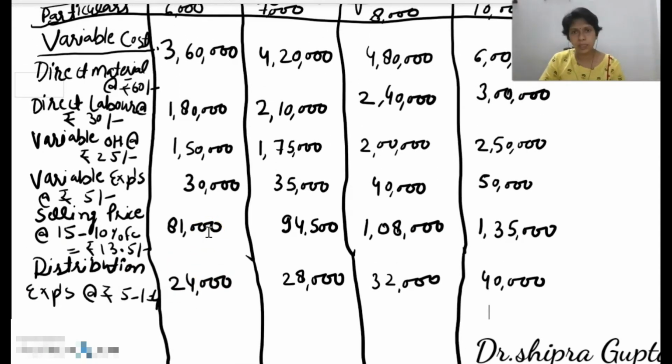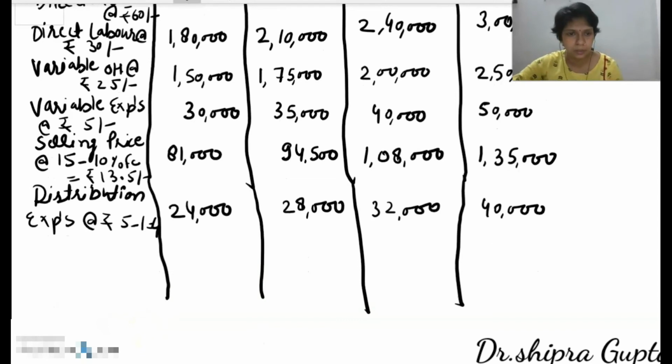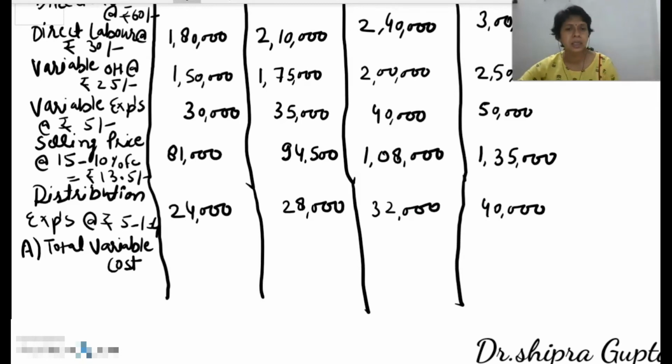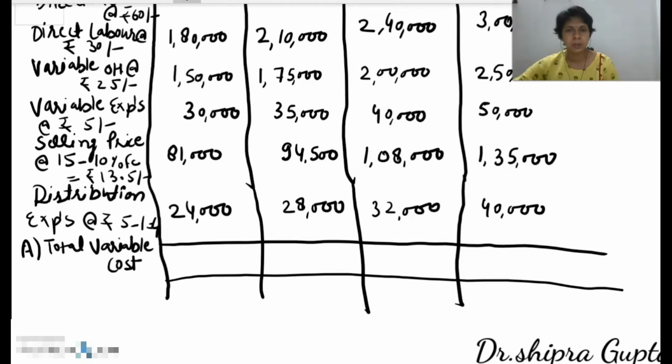So we will total it. Then we will rename it total variable cost. We will consider it as category A, total variable cost, and we will total all the variable expenses.